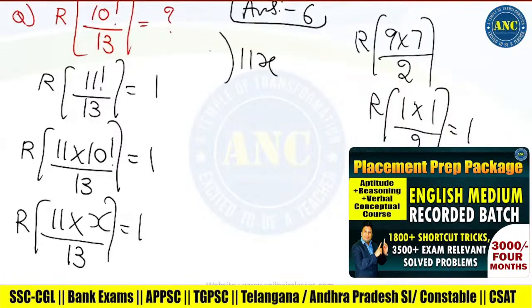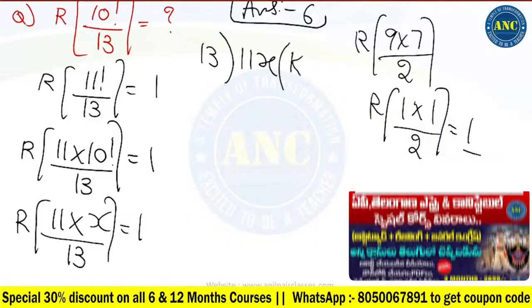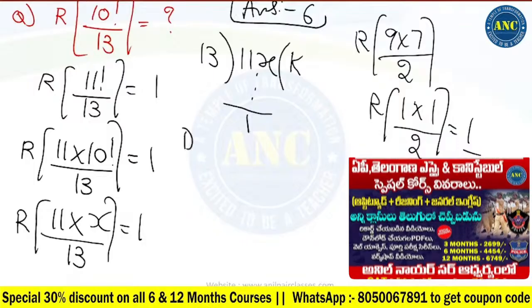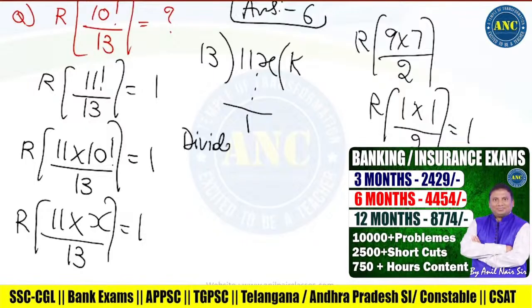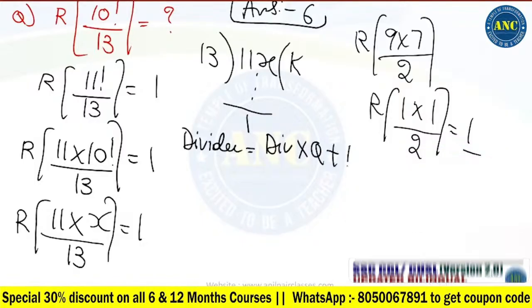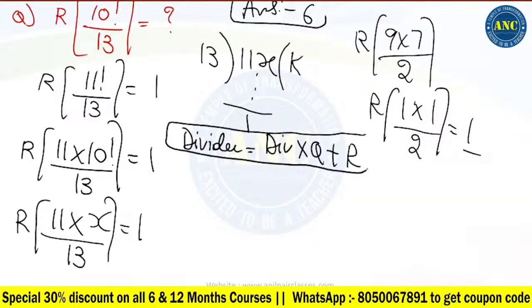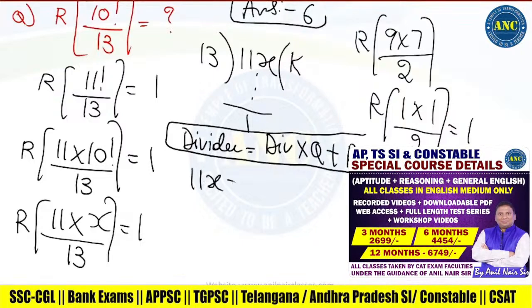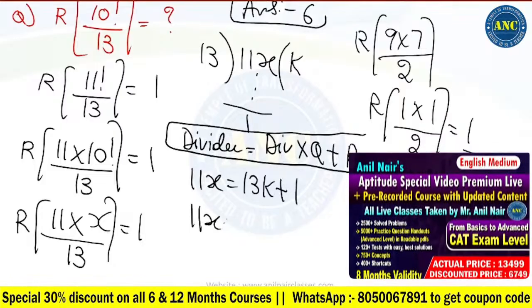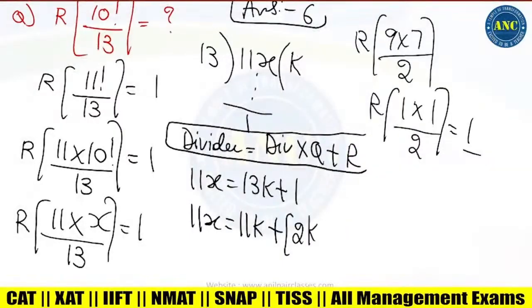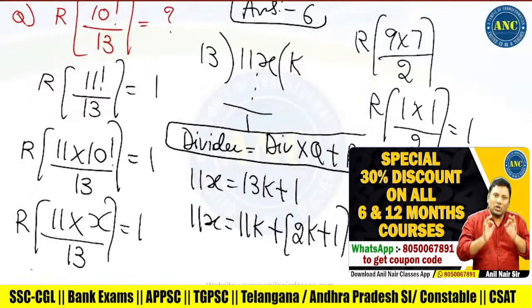11x is divided by 13. I don't know the quotient k, but I know the remainder is 1. Dividend equals divisor into quotient plus remainder. 11x is nothing but 13k plus 1, which is 11k plus 2k plus 1.